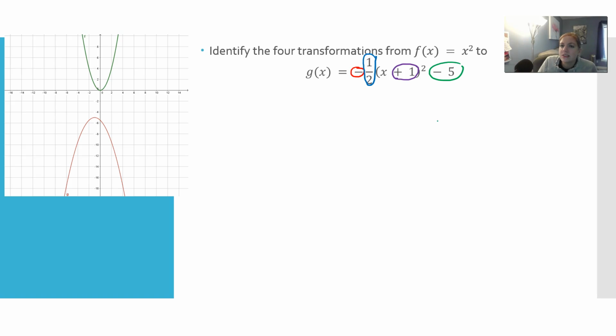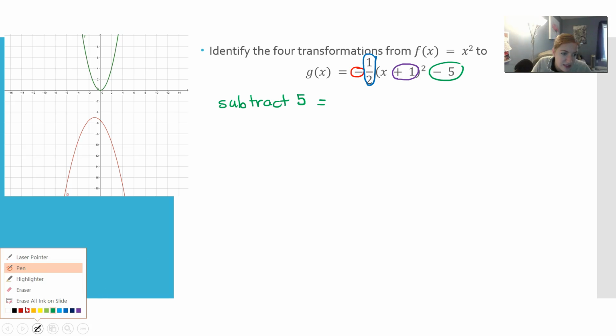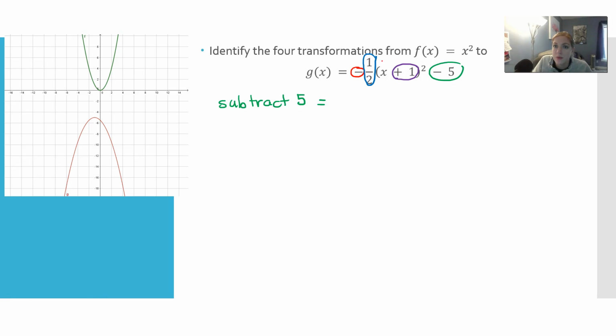So let's just start with this subtract 5. Now, we're subtracting 5 units, and we're doing it outside of those parentheses. The parentheses are here, indicating whatever's inside those parentheses is inside that parent function of x squared. So -5 would be outside those parentheses.